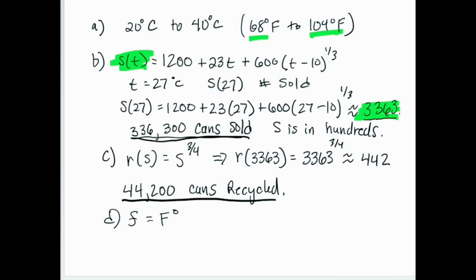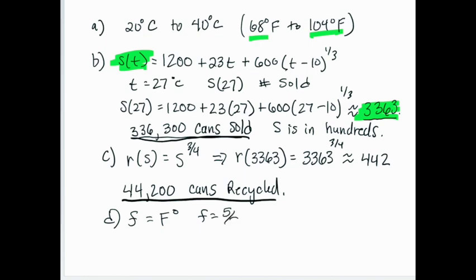And so we're going to have to take our function, degrees Fahrenheit, and plug it into this S of T. So that way the temperature in degrees Celsius is going to depend on the degrees Fahrenheit.